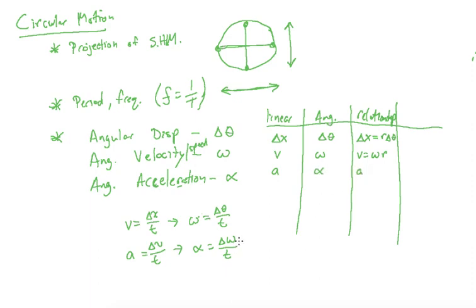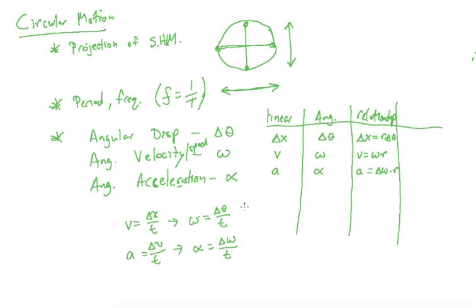Same thing. Multiply this by r, and we've got delta v on the top. Delta v over t is a, so this is just change in angular velocity times r. And you may be thinking, oh, all the relationships are just times r. Well, no, it's all got to do with r, but not every relationship going from linear to angular is as easy as multiply by r.